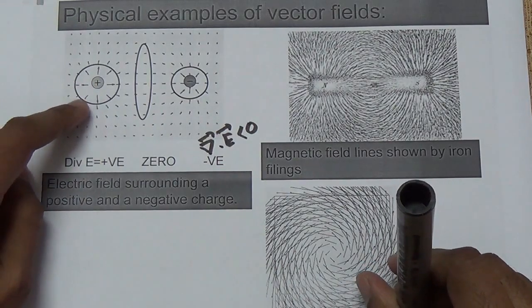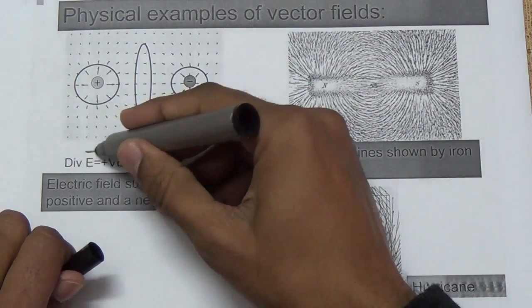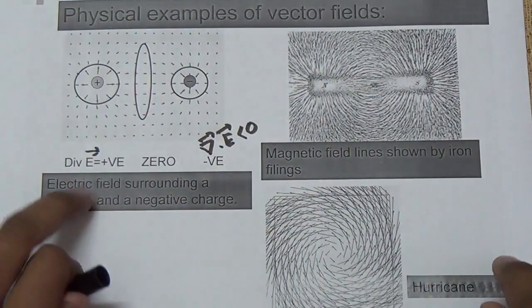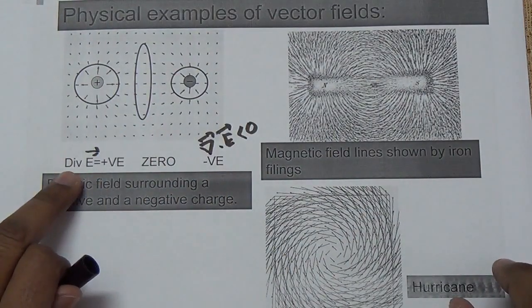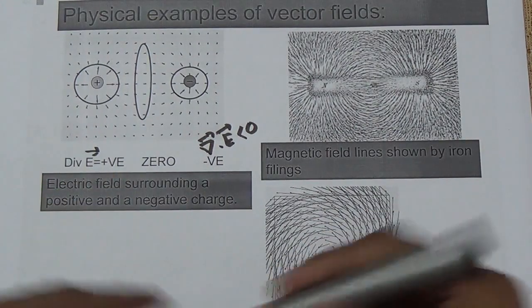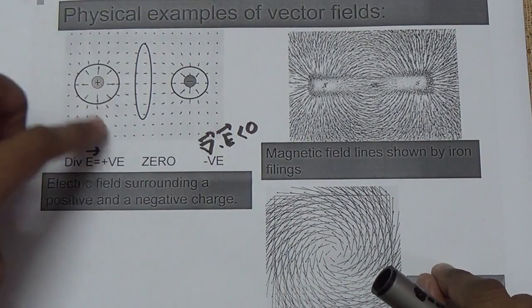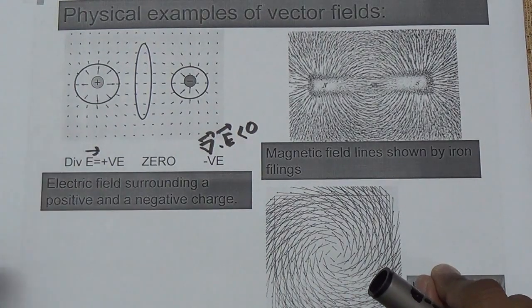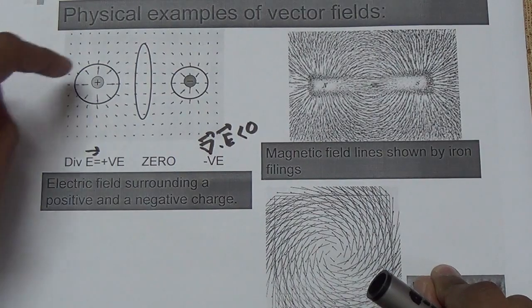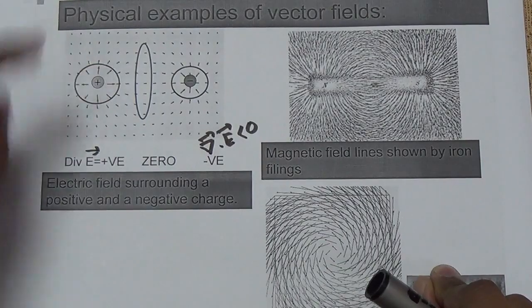Here at this point we are saying that divergence of any vector field, and that vector field which we are considering here is the electric field. So divergence of the electric field is positive. Why positive? Because electric field lines, electric flux, is outward. Outward, we are using this outward in reference to this closed surface.